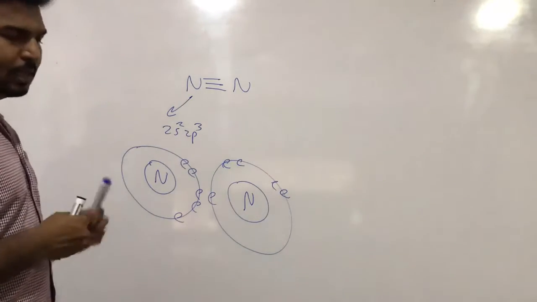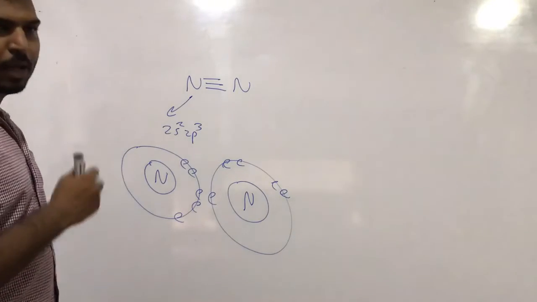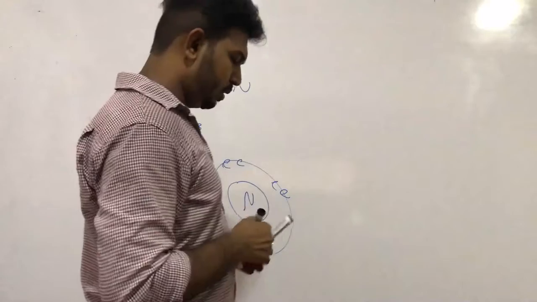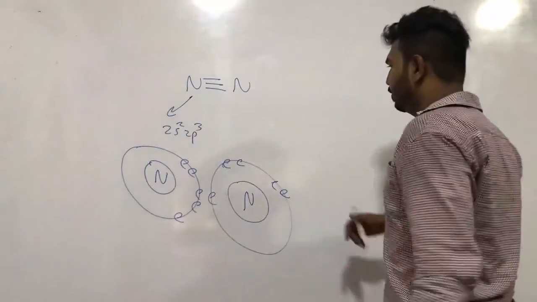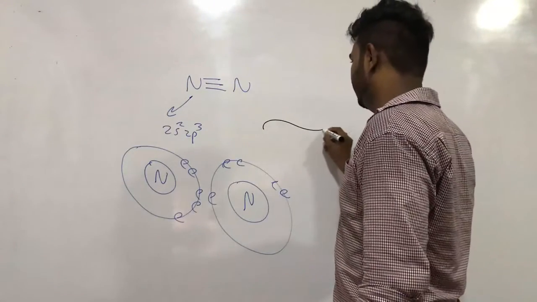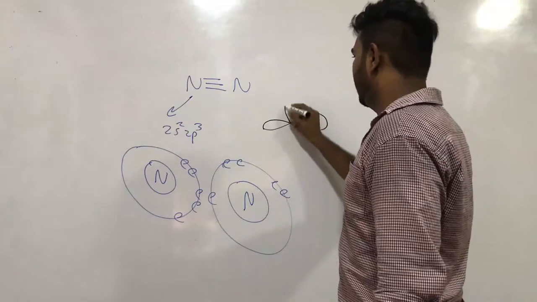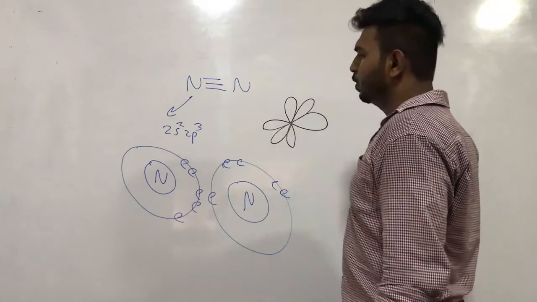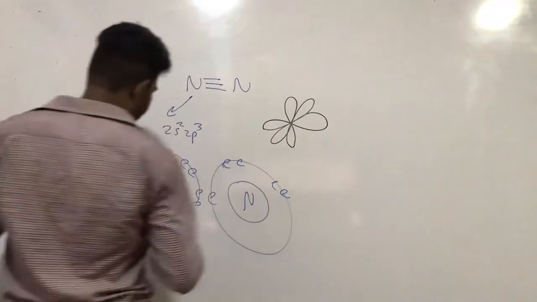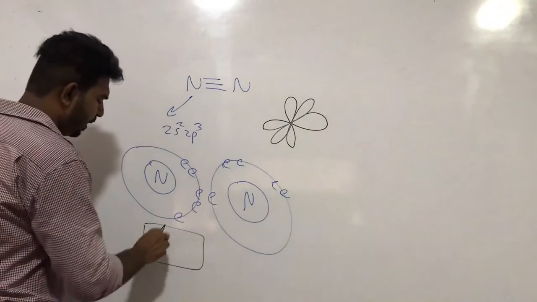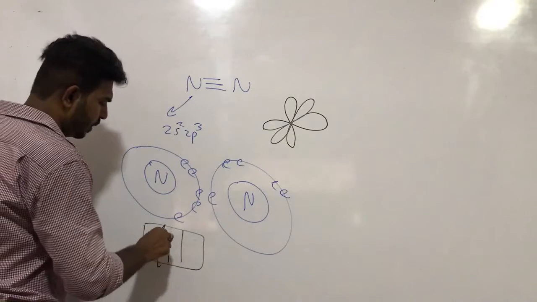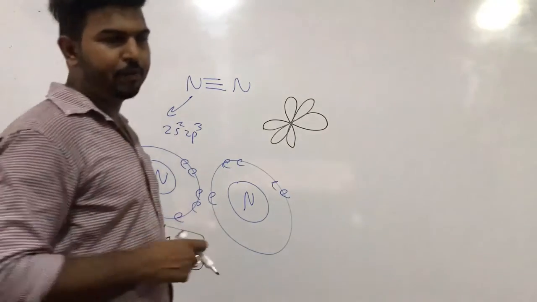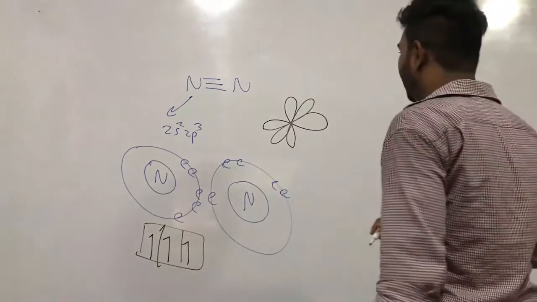If we consider the overlapping, or the orbitals of this nitrogen, we know that nitrogen has a p orbital also. We can see that there are only 3 electrons in the p orbital. That means all 3 are unpaired electrons.